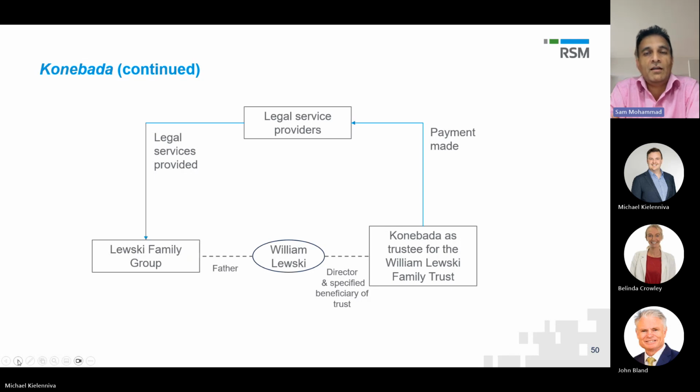It would then package it up as some form of strategic advice that would then be provided to the family group in terms of how to take forward those legal proceedings.